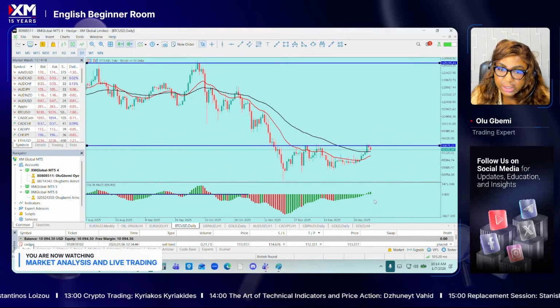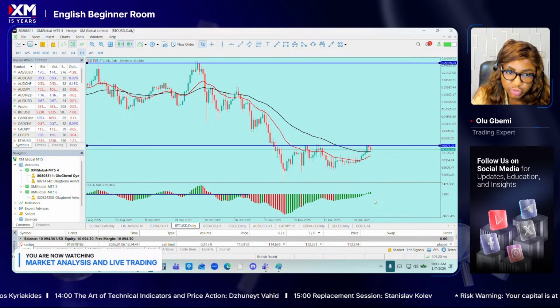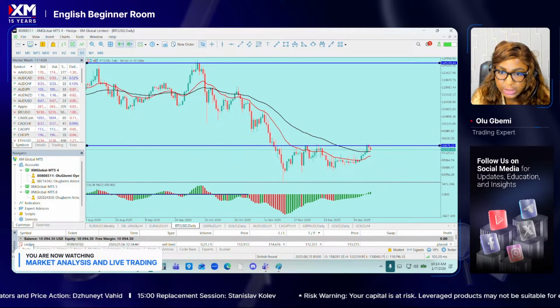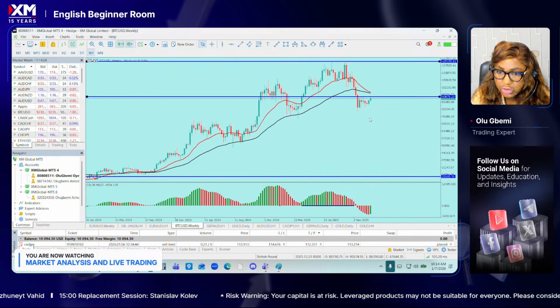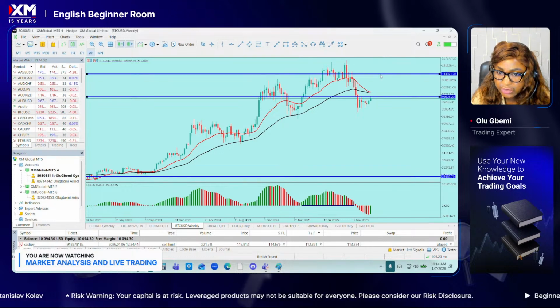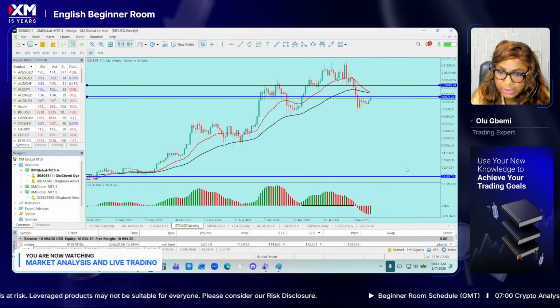Then I expect that it will break up and go even higher before any major move to the downside to continue the downward trend that started from here. So I expected that the price would go maybe toward this level, form a head and shoulders, and then start to drop down again.